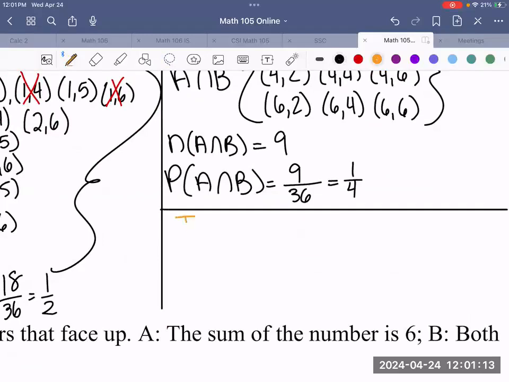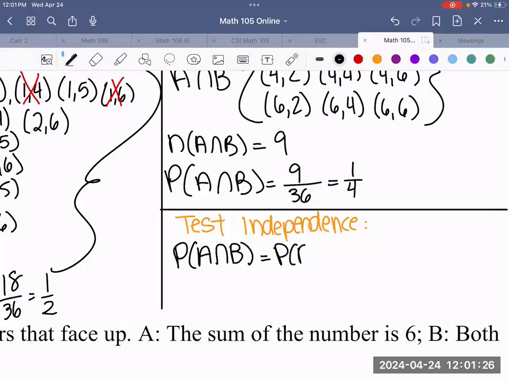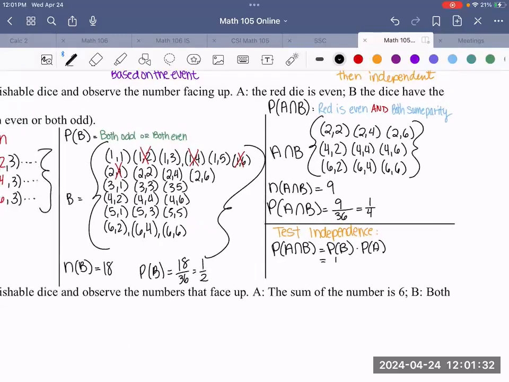All right, so test independence. We know that the probability of A and B is equal to the probability of B times the probability of A, which we know the probability of B is 1/2 times the probability of A is 1/2, to be 1/4.